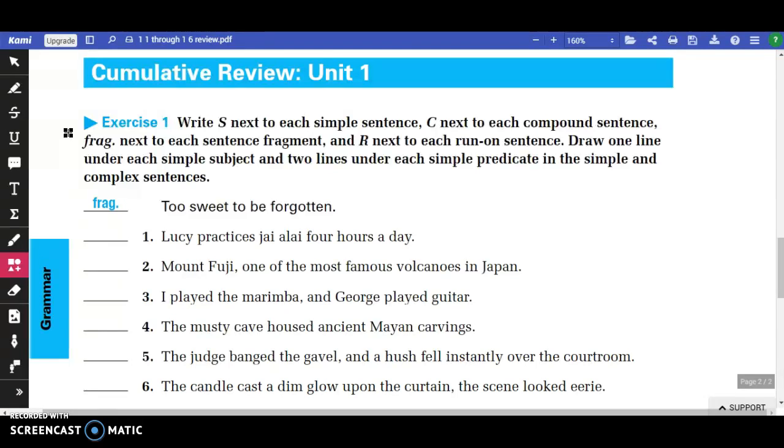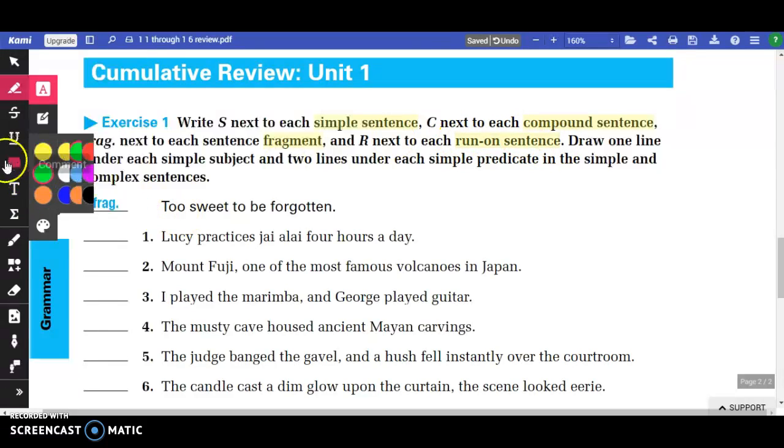So my recommendation would be to first figure out if each of these are simple sentences, compound sentences, fragments, or run-ons.